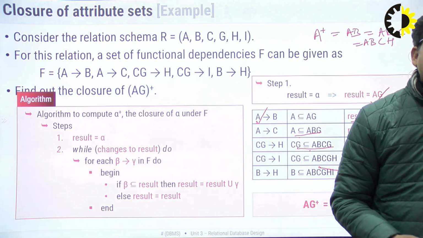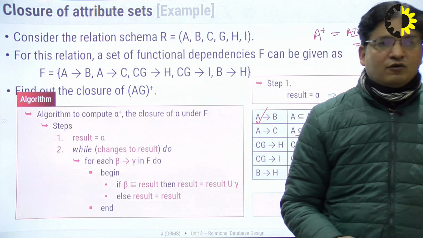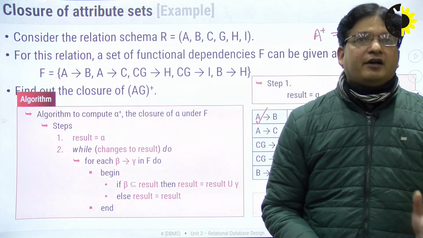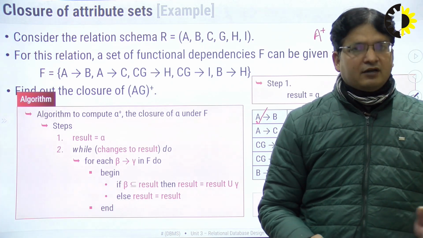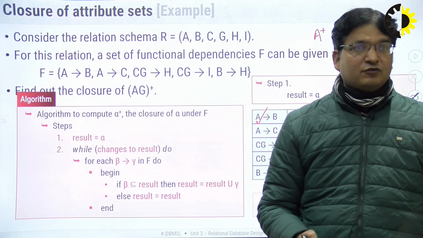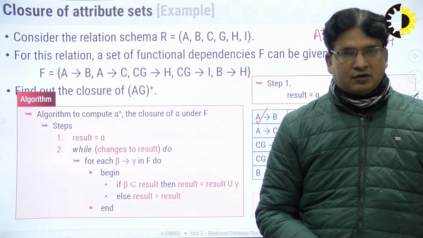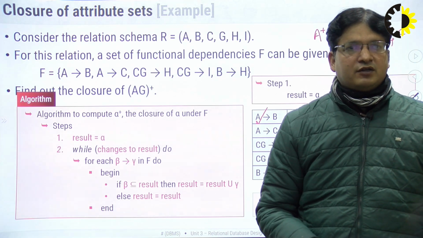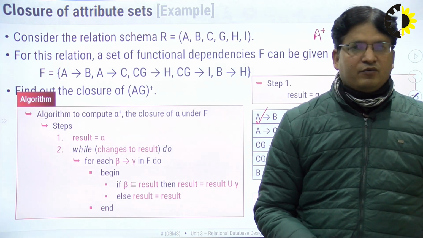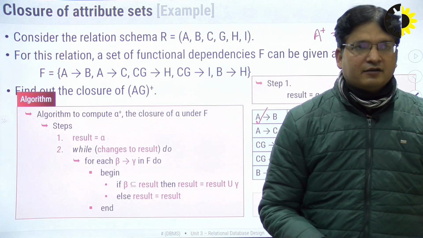Only an attribute whose closure consists of all the attributes of the relation will be a candidate key. Similarly, we can try other attributes, and the attribute whose closure computes all other attributes will be the candidate key.